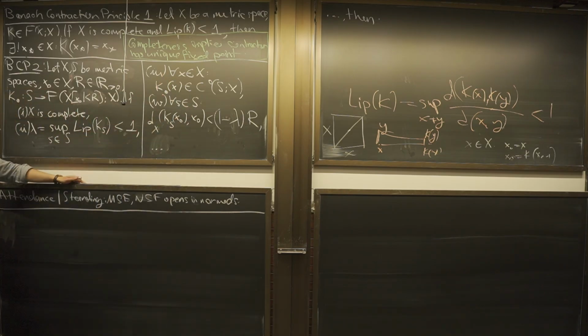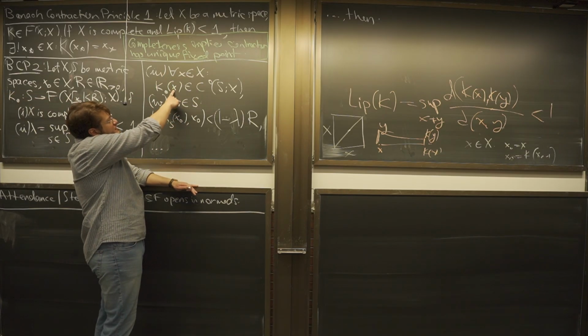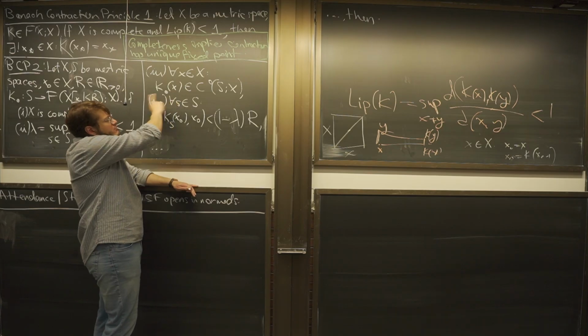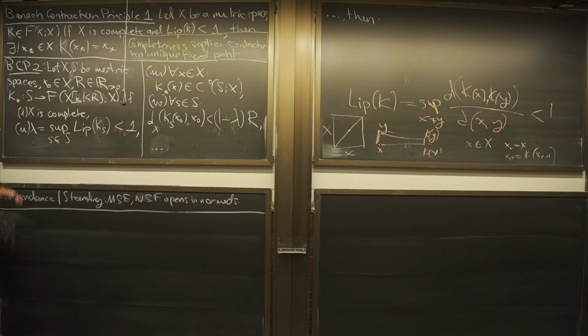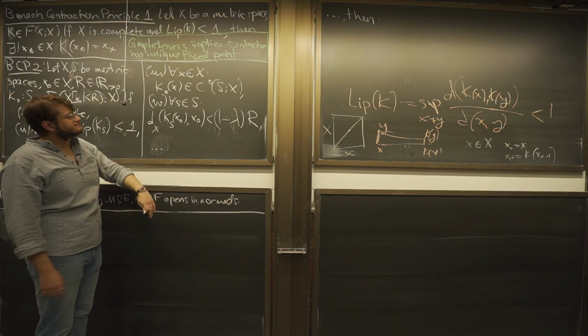Third assumption, if instead of fixing s, I were to fix the x value, I want continuity. That is to say, I want this k to be a continuously parameterized family of functions. Okay? I want continuous dependence on the parameter.